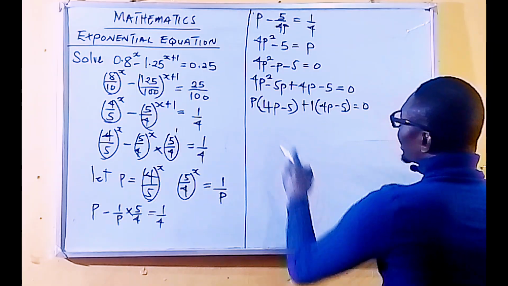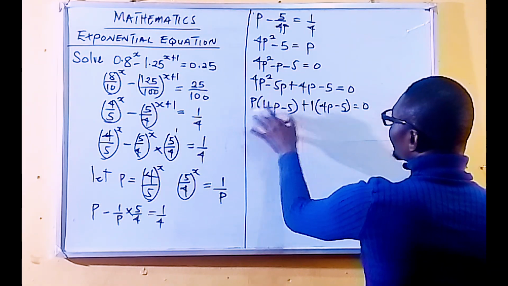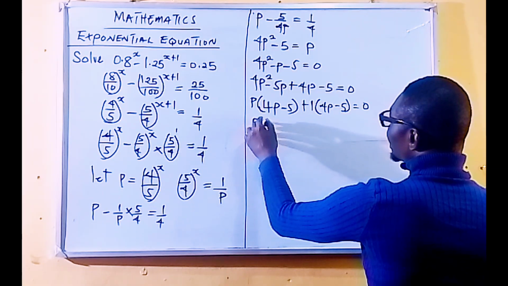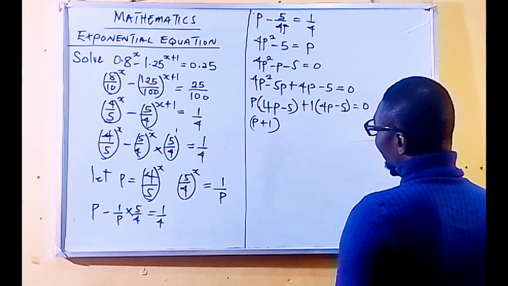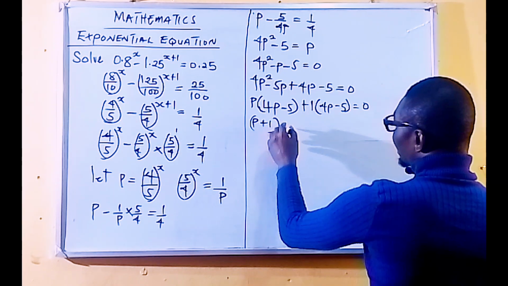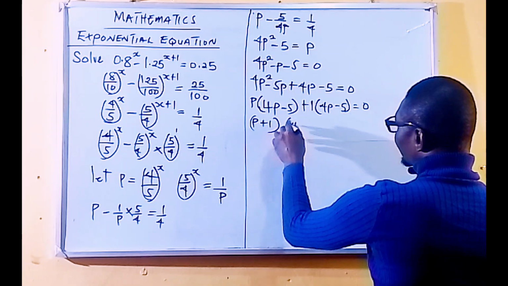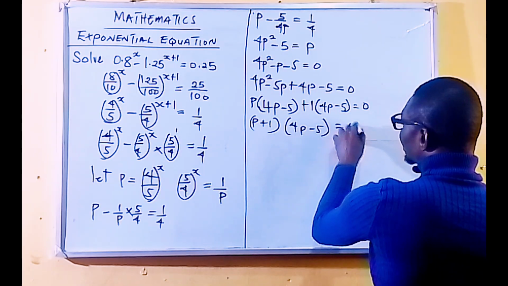So at this point now, we write out the factors: the factors outside the brackets, p plus 1, then the factor inside the bracket, 4p minus 5, which is equal to 0.